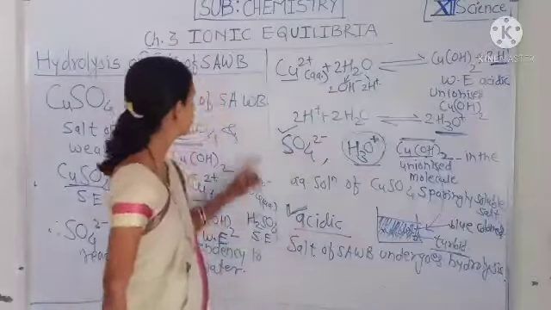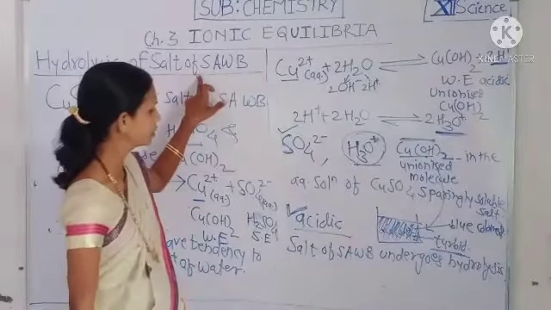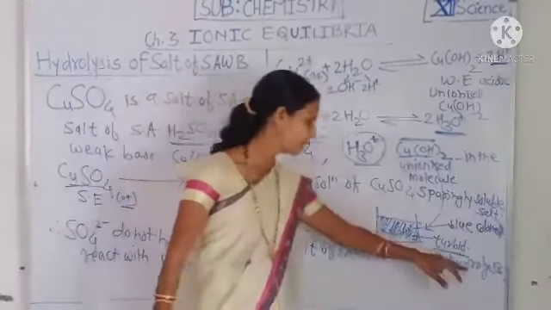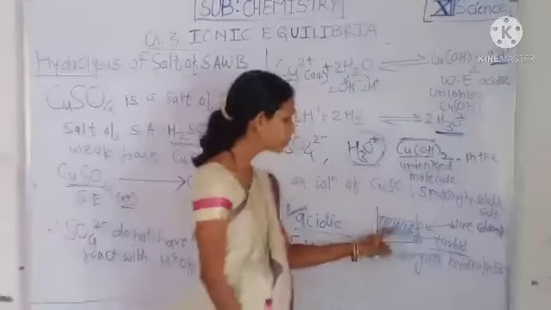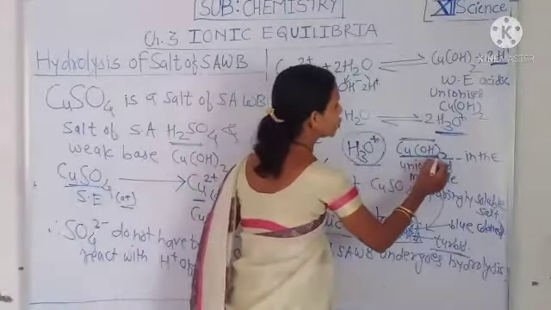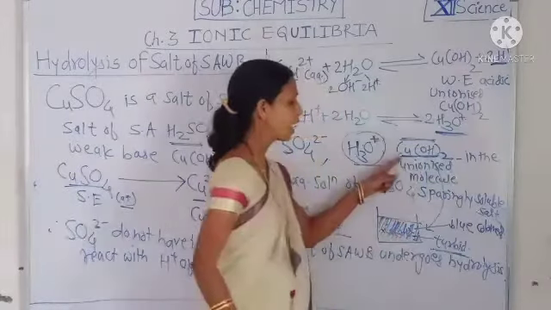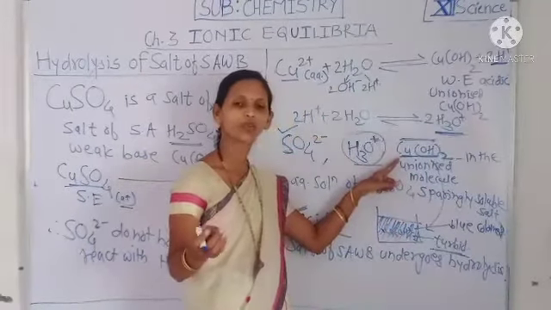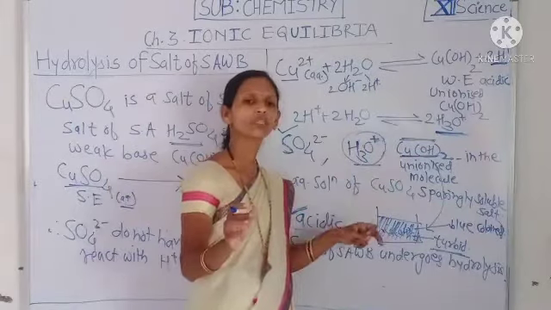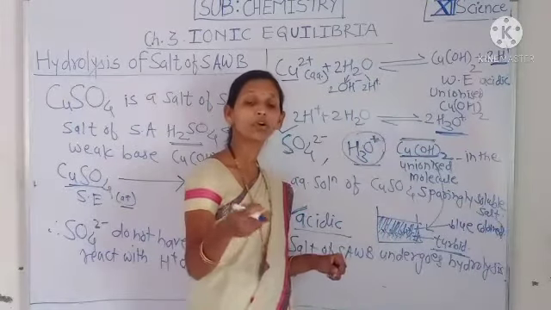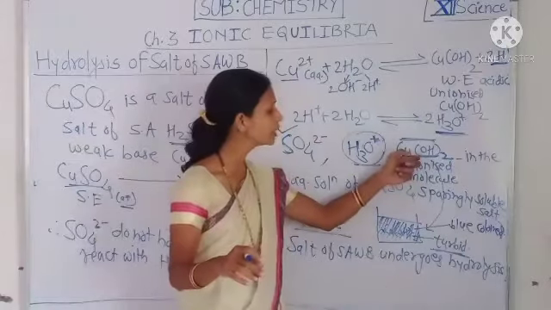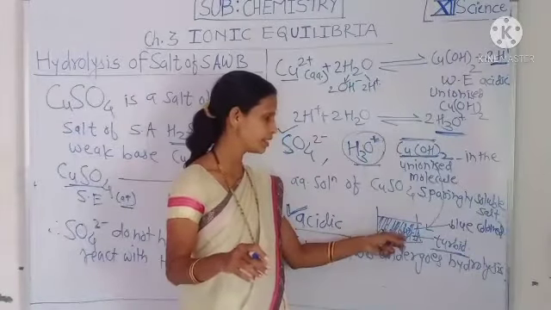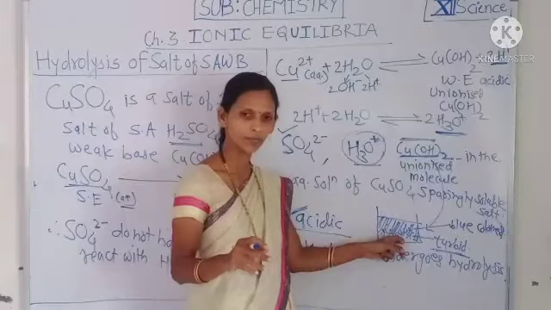Therefore, this type of salt undergoes hydrolysis. But see here, because of the formation of Cu(OH)2, that is a sparingly soluble salt, which dissolves in very, very small amounts, and undissociated molecules remain as they are, the solution becomes turbid.